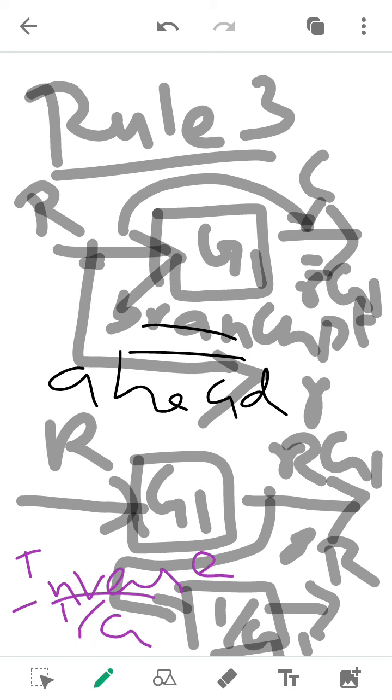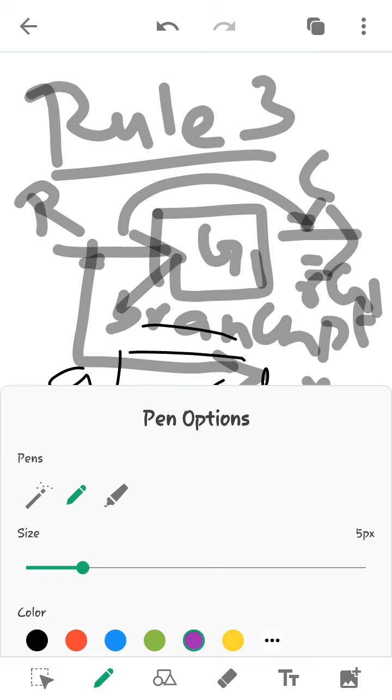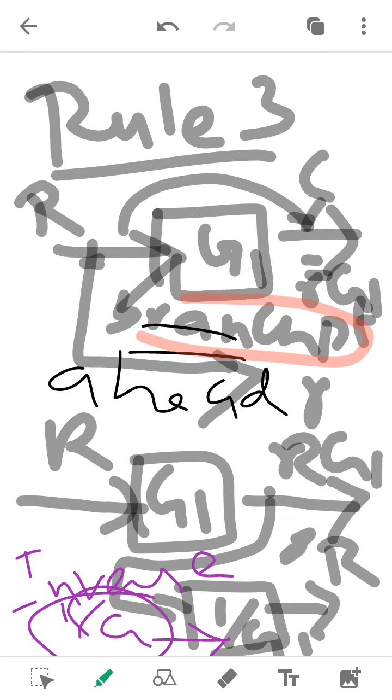Inverse of transfer function, you have to include a block like this. So this is about rule number 3, where if you want to move a branch point ahead of the block like this, then you need to include a block with inverse of the transfer function. That is the rule.